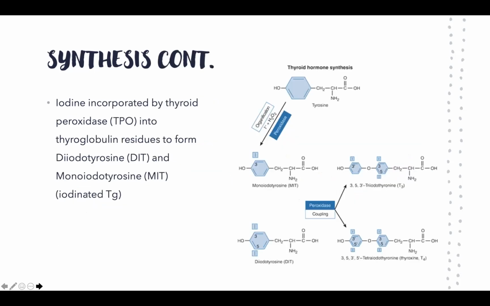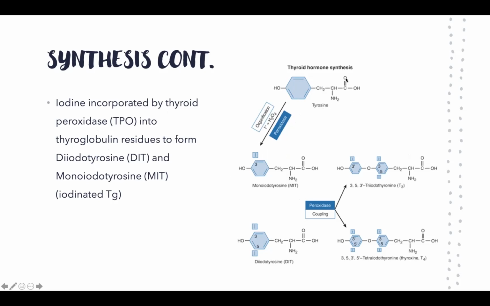All right, let's continue on how it's made. Now that we've got the iodine, this iodine needs to be incorporated into thyroglobulin. Thyroglobulin is a protein with tyrosine residues that are going to be used. When iodine and tyrosine are combined together on thyroglobulin, they're going to be made into precursors for our thyroid hormones. This is all done through an enzyme called thyroid peroxidase, TPO.